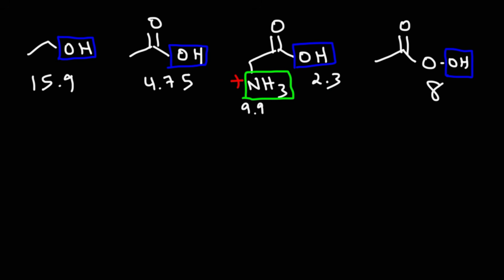Here are some other examples. By the way, the pKa for formic acid, for those of you who might be interested, where instead of a methyl group we have a hydrogen, is 3.8.